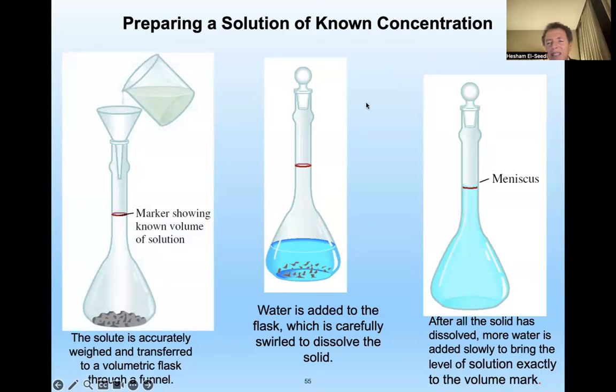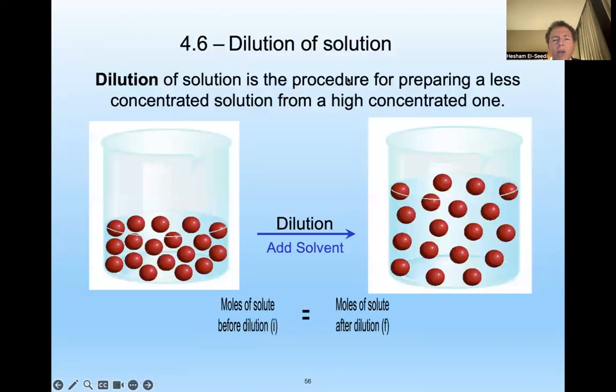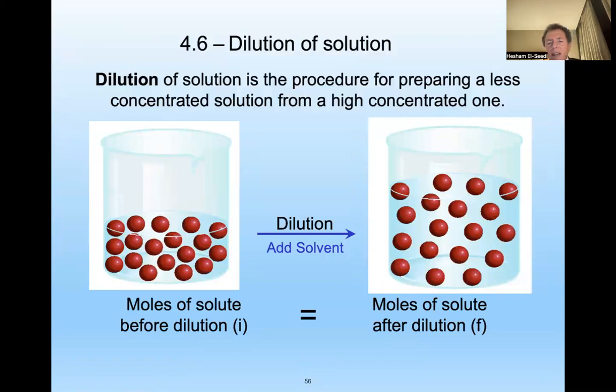So I think this is how you calculate it in this way, right? And the dilution solution, so the dilution, as I explained to you before, is the opposite of concentration.